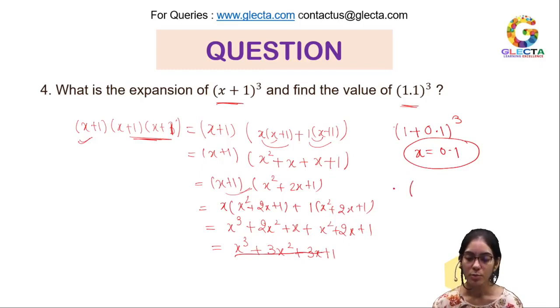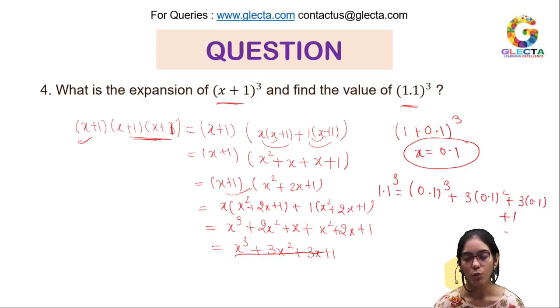So this expression 1.1 cube will be equal to 0.1 whole cube plus 3 into 0.1 square plus 3 into 0.1 plus 1. So what is the cube of 0.1? It's 0.001 plus 3 into 0.01 plus 3 into 0.1 plus 1.